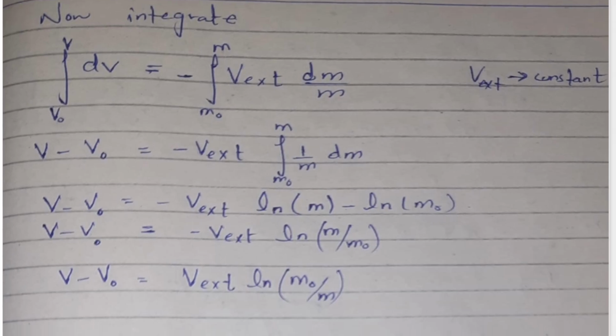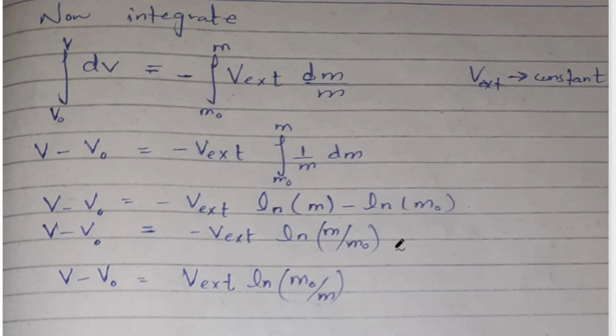Now we have to integrate. After applying integration with limits, this is the initial velocity, this is the initial mass, and we have to move the rocket to this velocity and this mass. After integrating you will get these values.